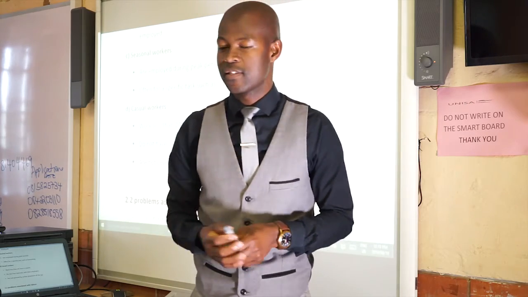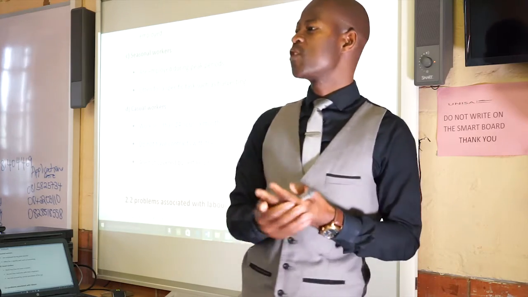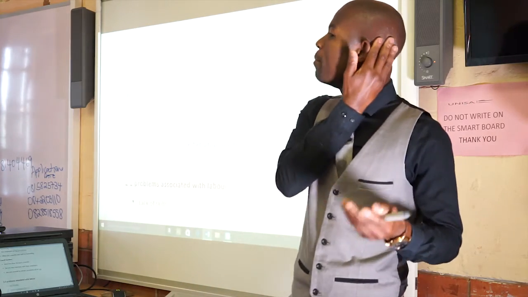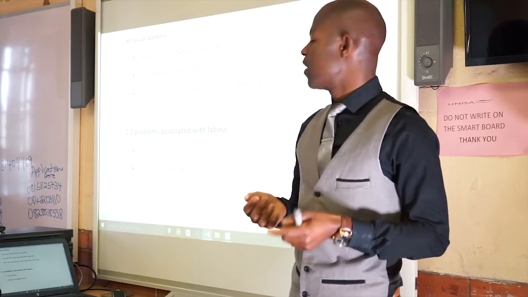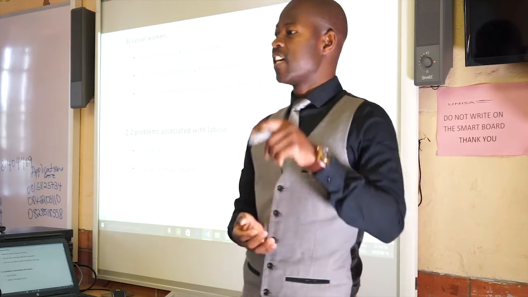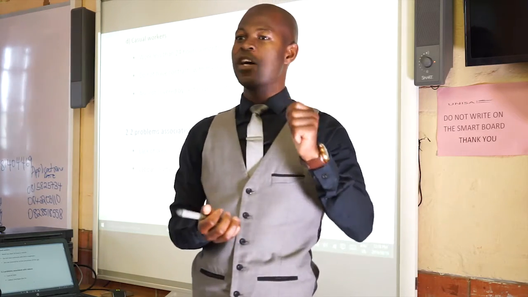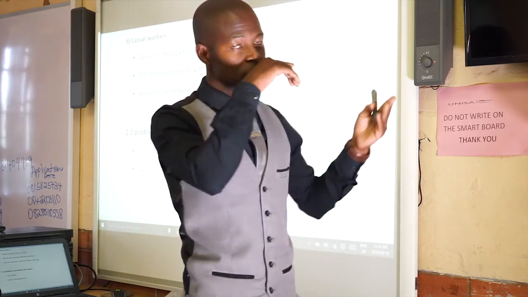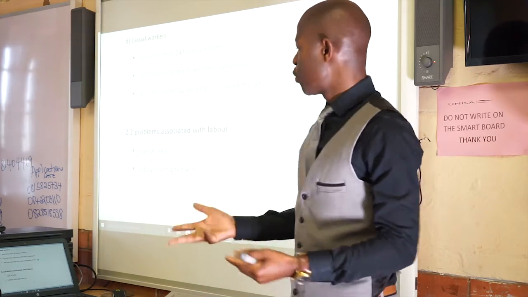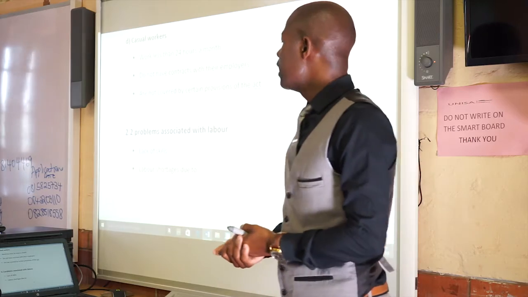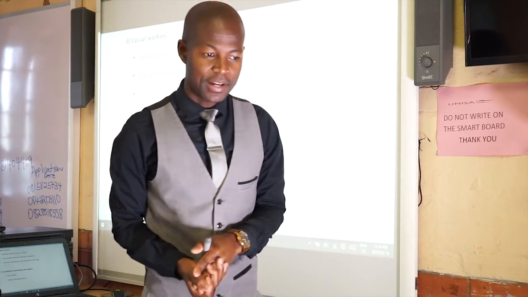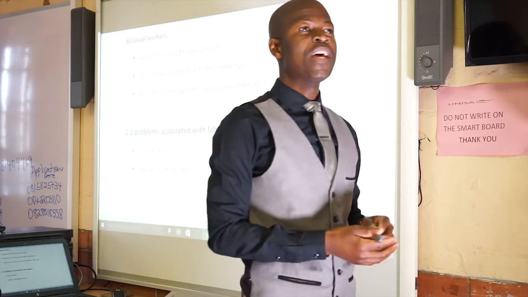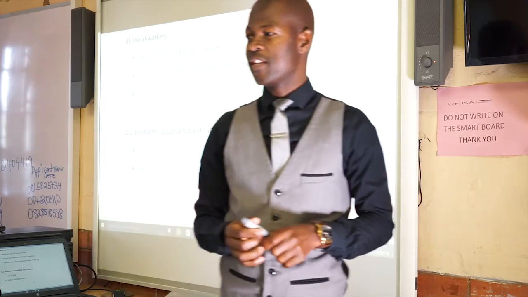Maybe someone has been employed only to come in and fix electricity. That person is a casual worker, only coming in for that specific task, which is to fix electricity or to erect a fence.